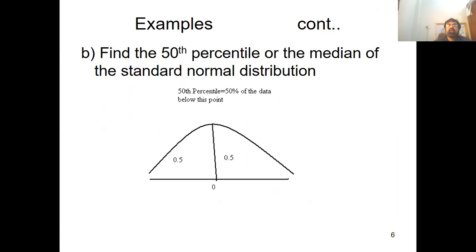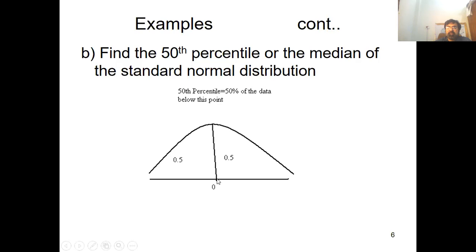Let's move on. Find the 50th percentile, or the median, of the standard normal distribution. The 50th percentile locates just at the middle of this curve. And here the z-score is 0.